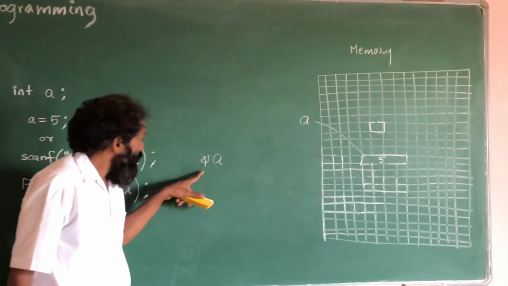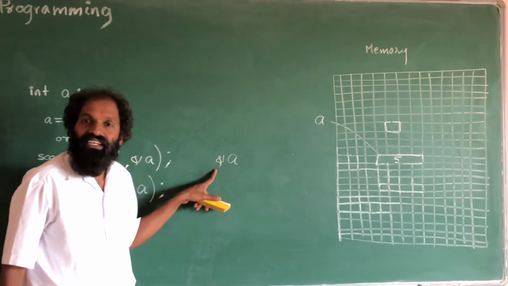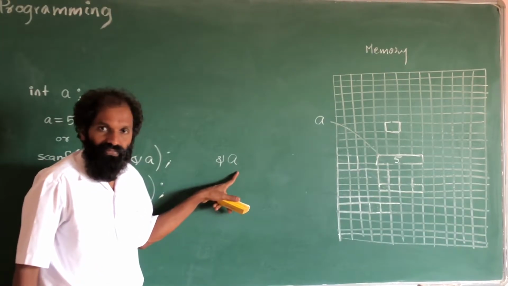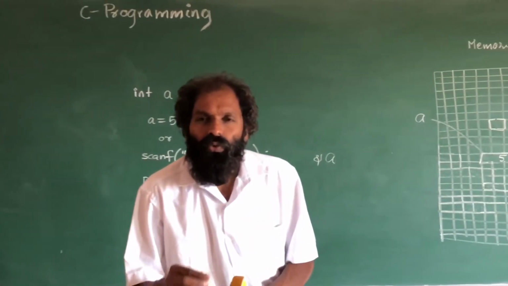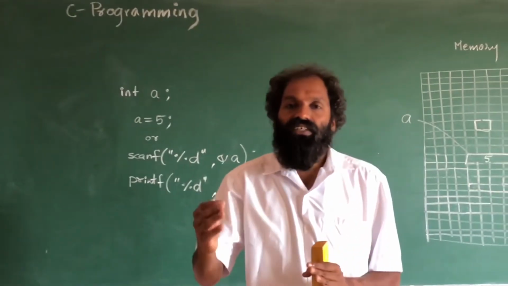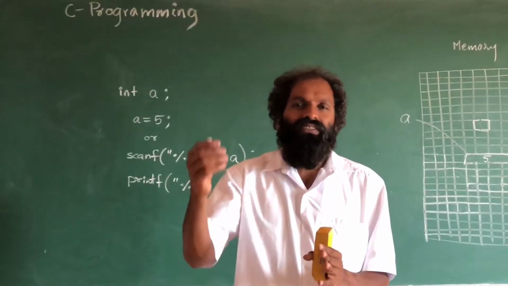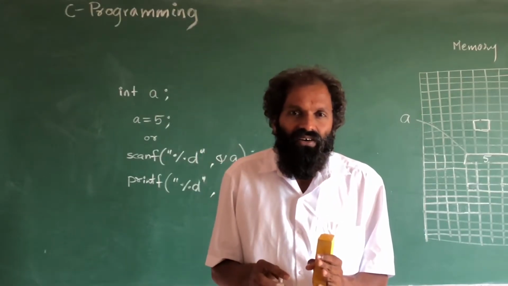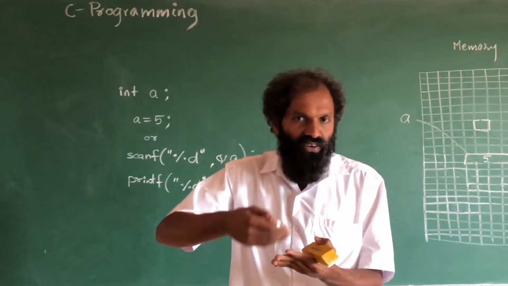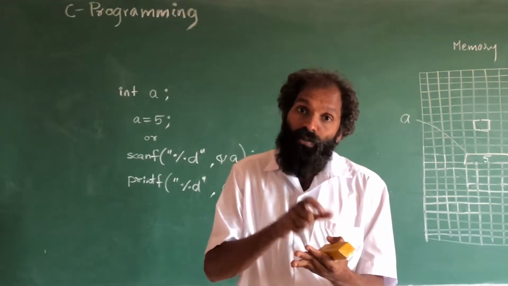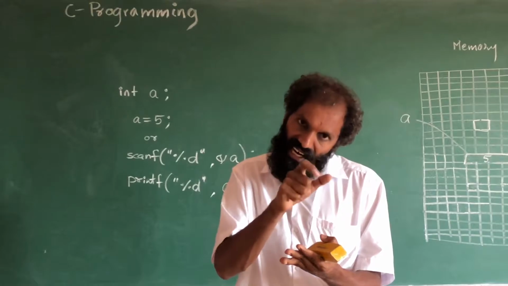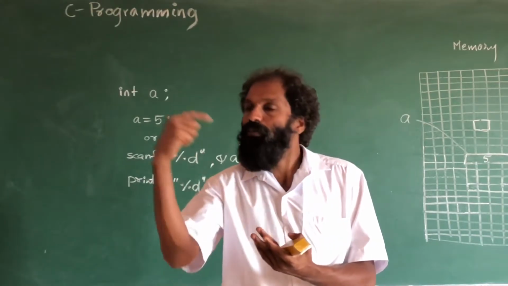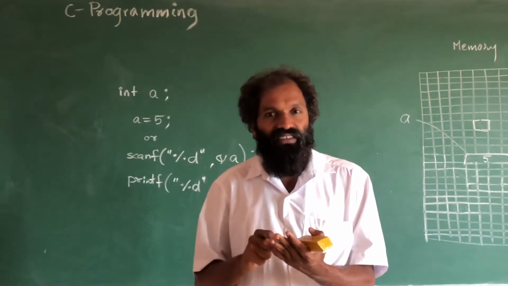Once we write ampersand A here, it means address of A. See, whenever you want to send a letter to a friend or some beloved, the content you will write anyway, but from and to you have to write. That address you should write, then only it will reach properly the concerned person.